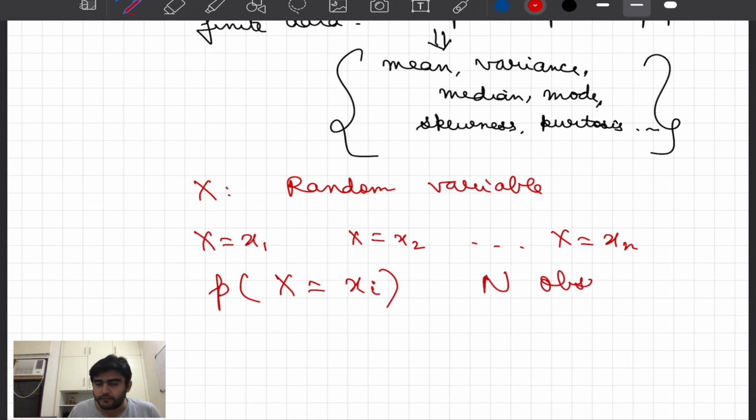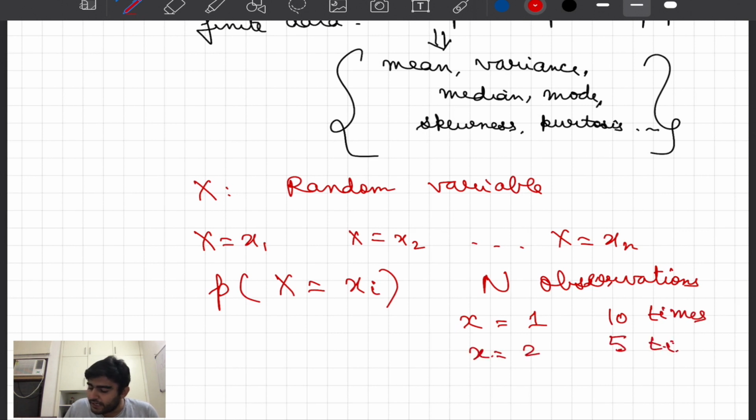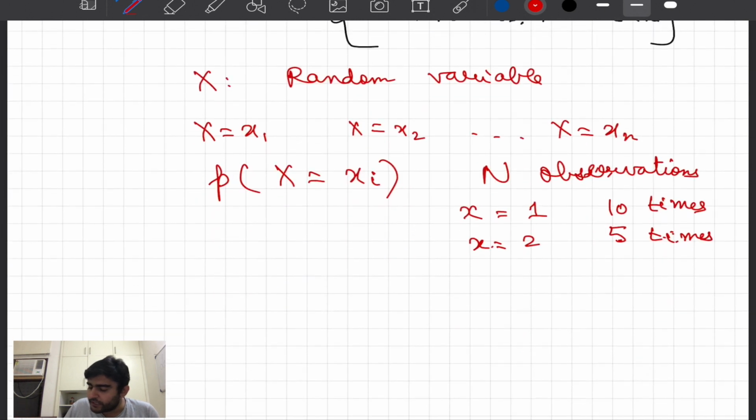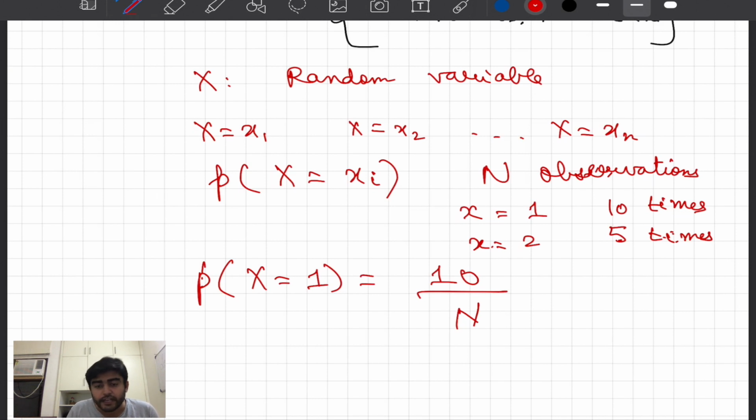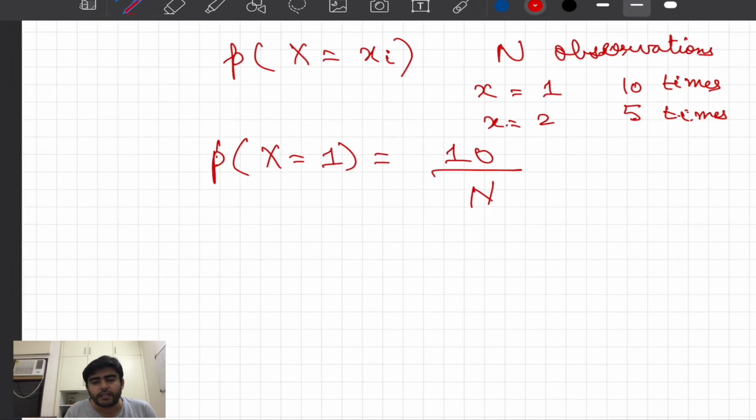If we have n observations and we see that in these n observations x takes the value 1 maybe 10 times and x takes the value 2 five times, then if I ask you what is the probability that x would be equal to 1, you would simply say that x equal to 1 happened 10 times out of n observations. So the probability that x takes a value of 1 is equal to 10 by n.